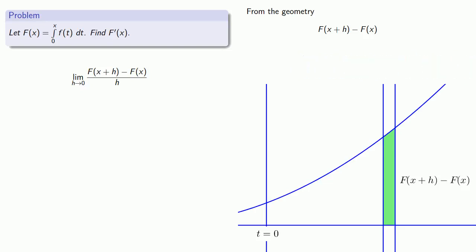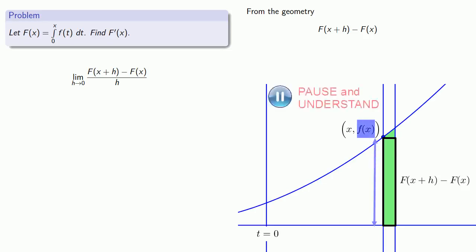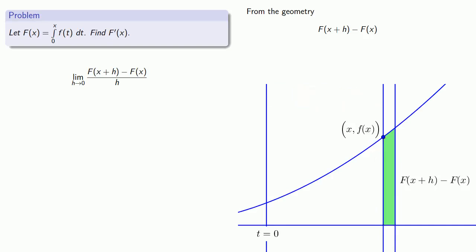Well, let's try to bound this area. Because we assume that f of t is increasing, this sliver of area is going to be larger than the left rectangle, but smaller than the right rectangle. But we know these two areas. The left rectangle has height f of x and width h, so its area is going to be f of x times h.